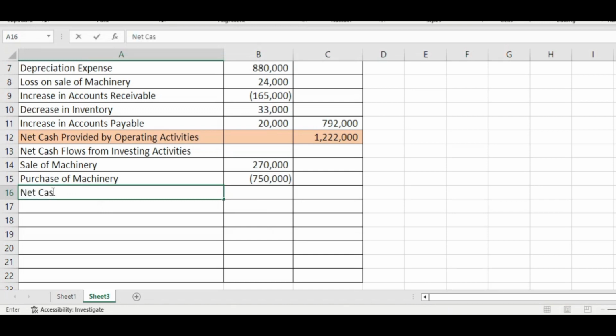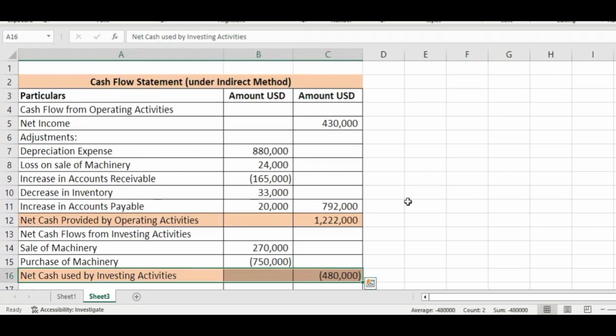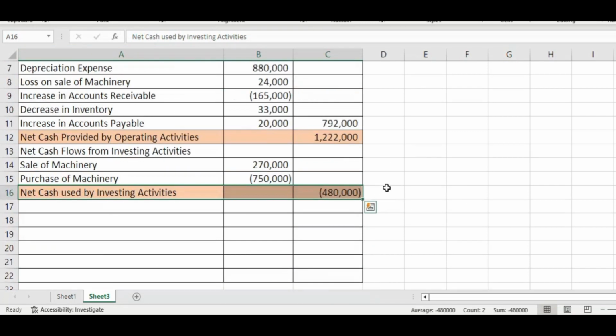We write down net cash used by investing activities: 270,000 minus 750,000, that is the net amount will be 480,000. Net cash used by investing activities.